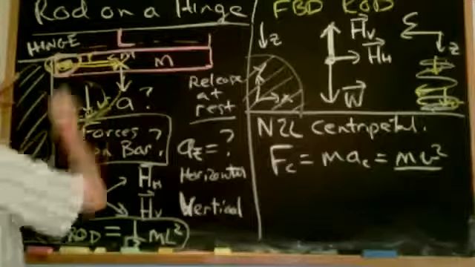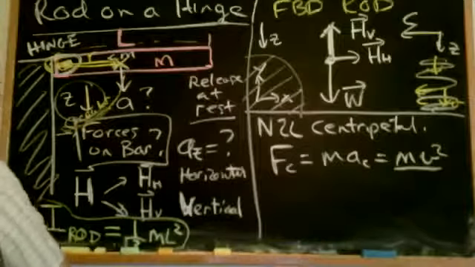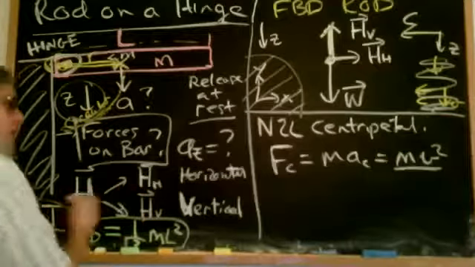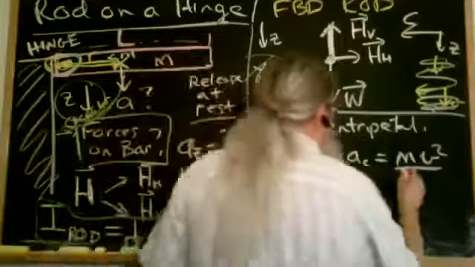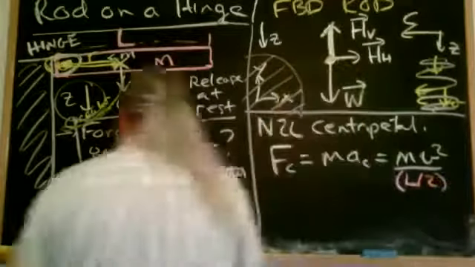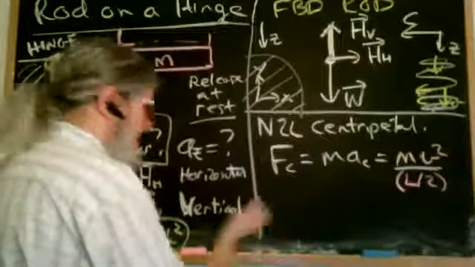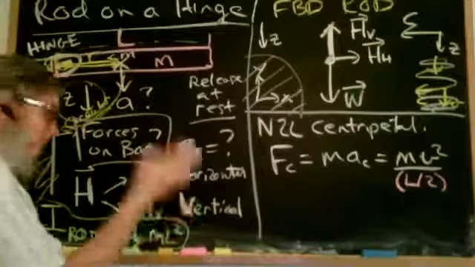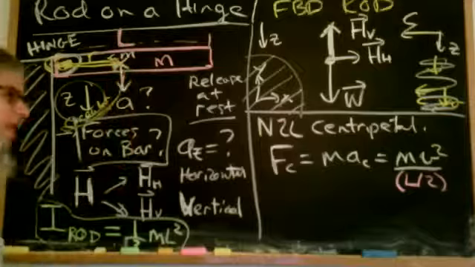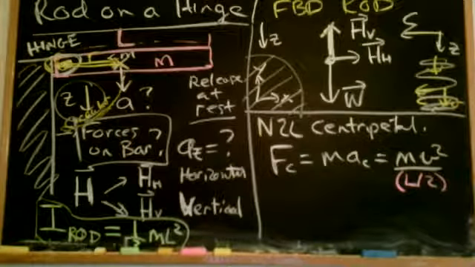That corresponds to R, right? So that radius there is L over 2. So instead of R at the bottom here, it's L over 2, okay? A technical detail that doesn't change the answer, but we want to keep in mind as we go through the problem that the radius of the center of mass point is half the length.